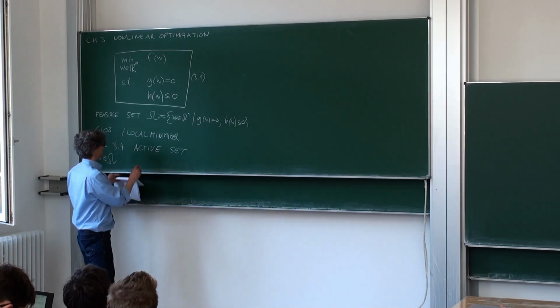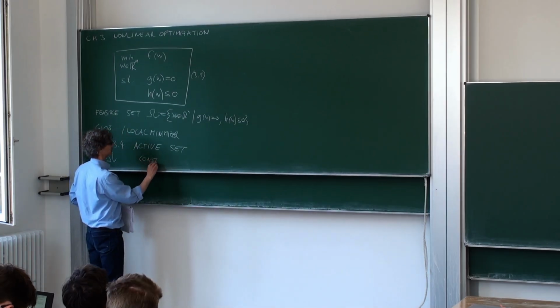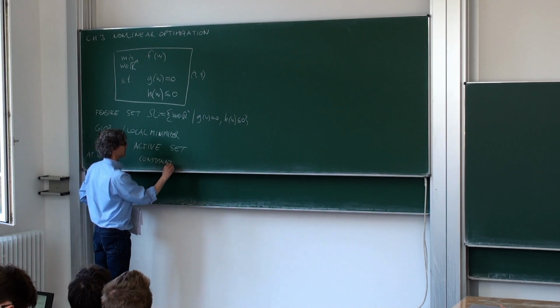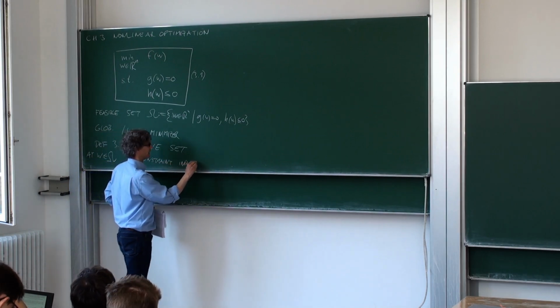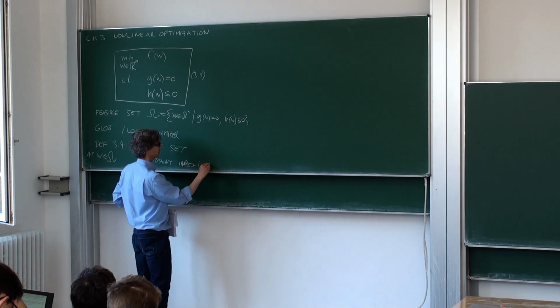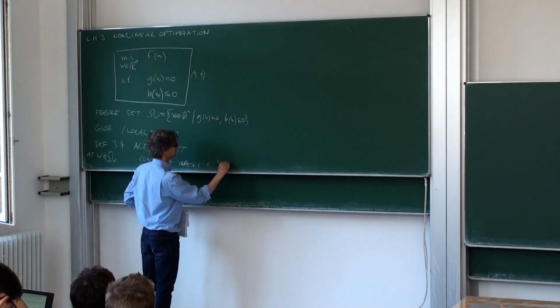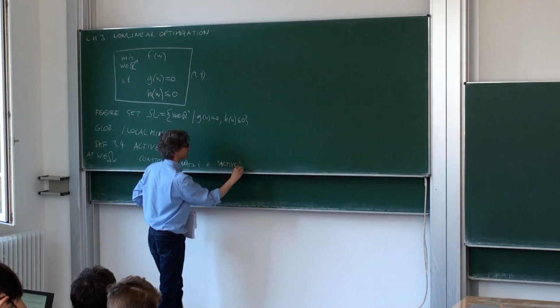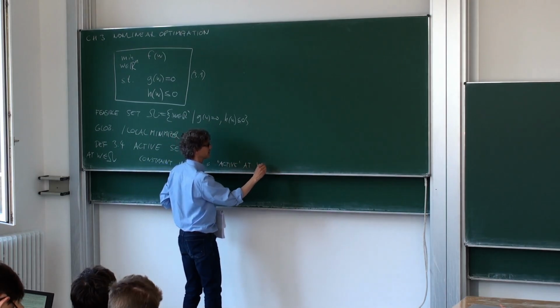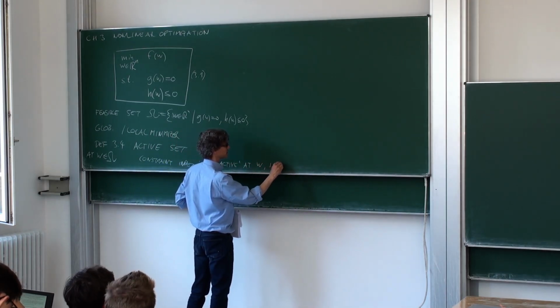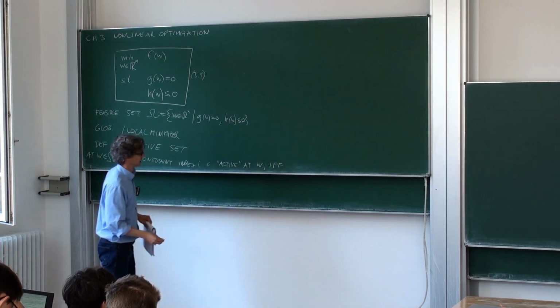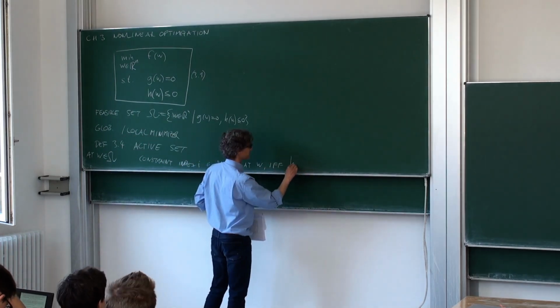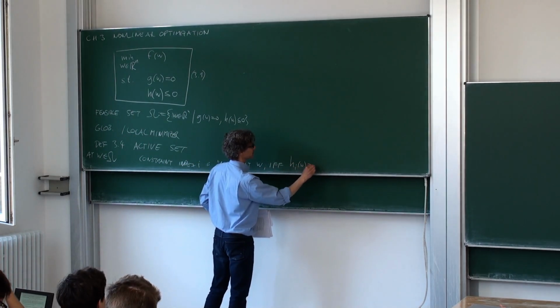So we say constraint index i is active at w if and only if h_i of w is equal to 0.